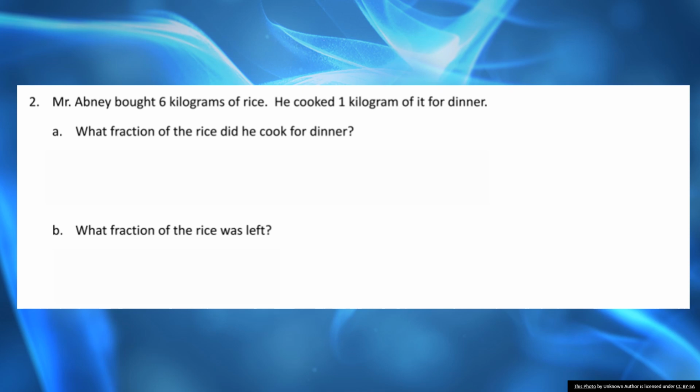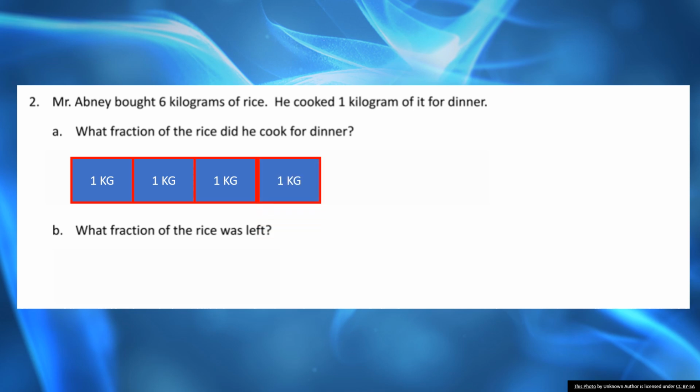So he had 6 kilograms, so I'm going to draw 1 kilogram rectangles, and I'm going to use 6 of them, right? So let's go ahead and draw 6 rectangles, and we're going to put 1 kilogram in each one.